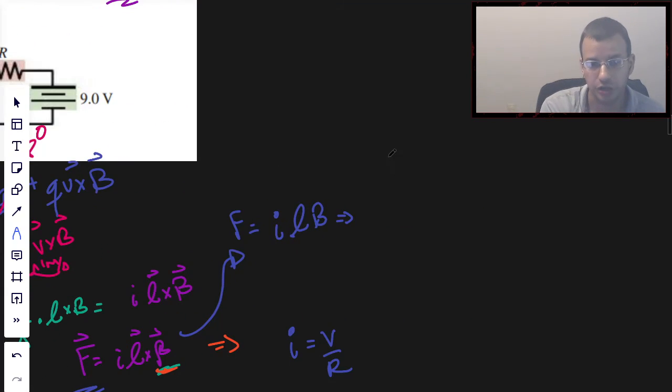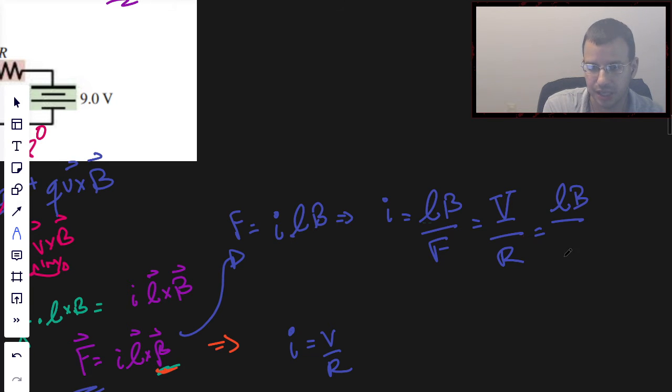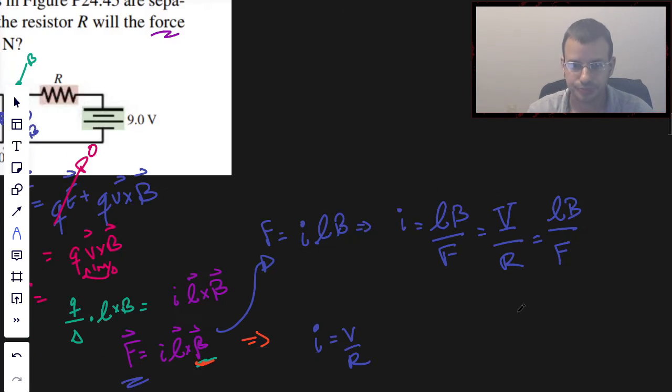Rearranging that to find current, current equals force over L B. Current is also voltage divided by resistance. So it's going to be voltage divided by resistance equals force over L B. And so now we're going to work with this.